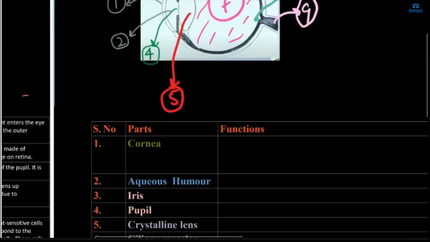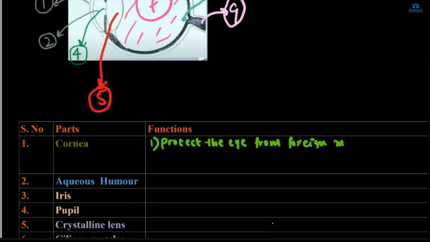The first function is to protect the eye from harmful foreign materials. The second function is that the cornea refracts most of the light, almost 80%, gets refracted through the cornea itself.